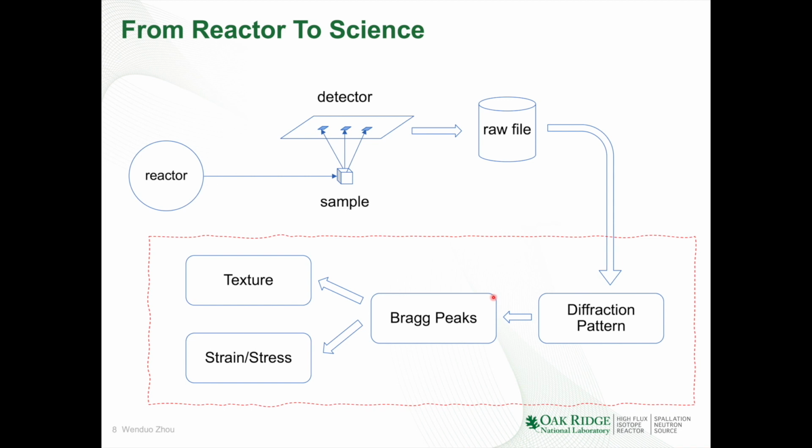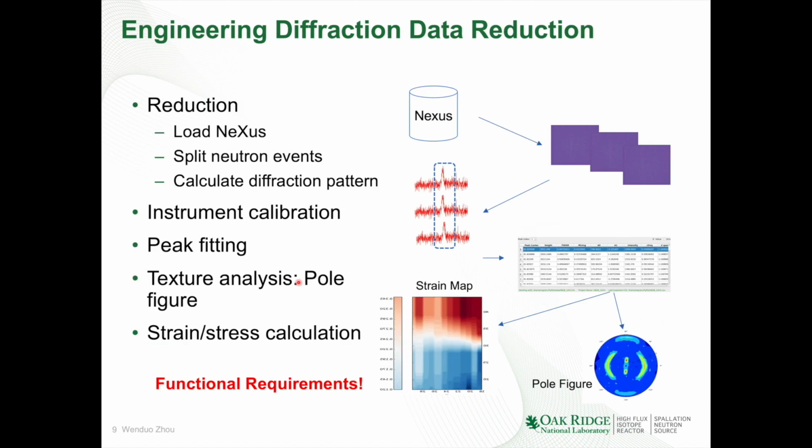Then the strain and the stress are calculated from the Bragg peak positions, or the textures are calculated from these peak intensities from various crystal orientations. The software requirements for PyRS are thus abstracted from such a data reduction workflow.